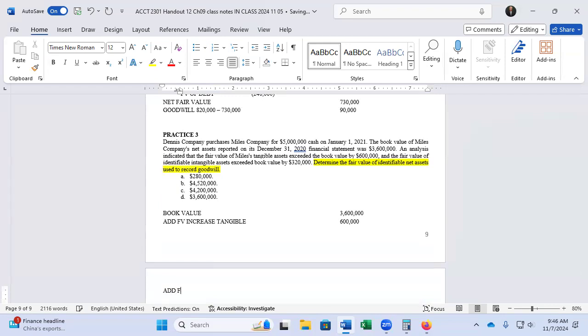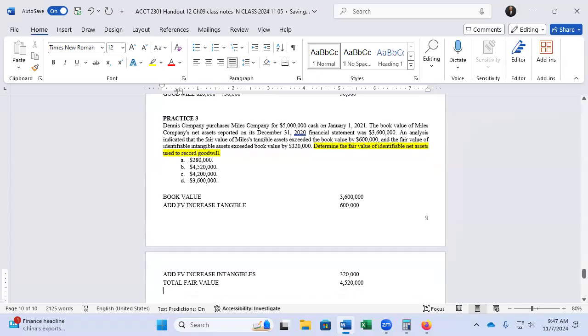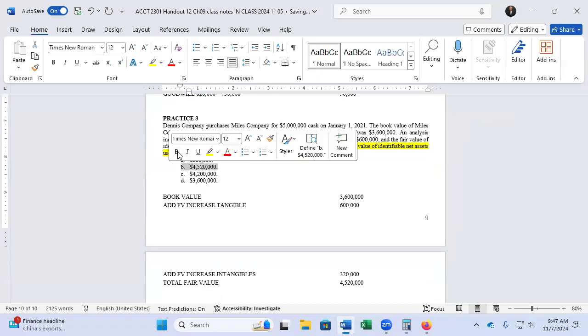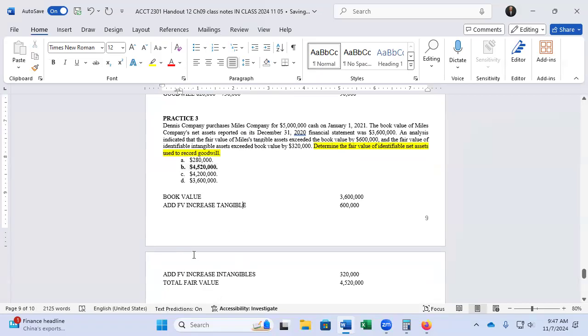And then we add the fair value increase for intangibles, and that's 320,000. And so our total fair value equals 4,520,000, letter B.